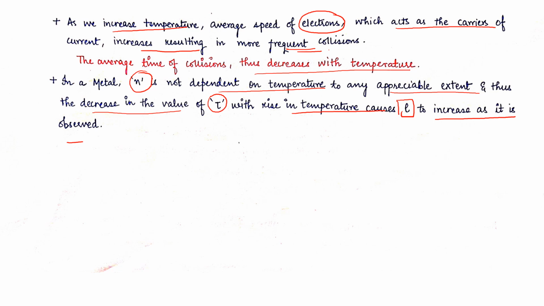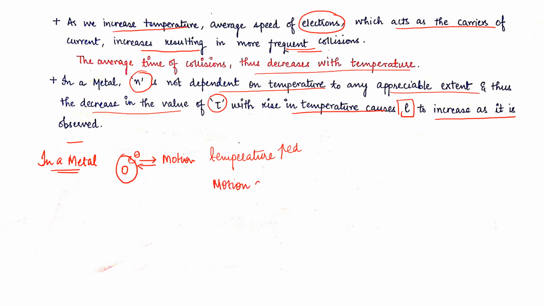What they are basically trying to say is that in a metal, this is our atom with these electrons. They are in random to and fro motion. These electrons are in motion. When the temperature is increased, the motion does not change too much.